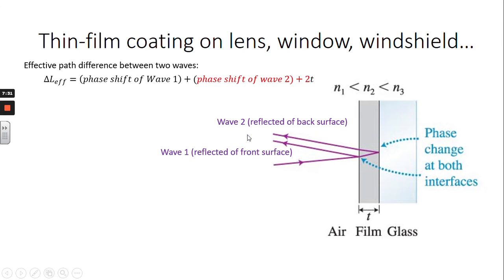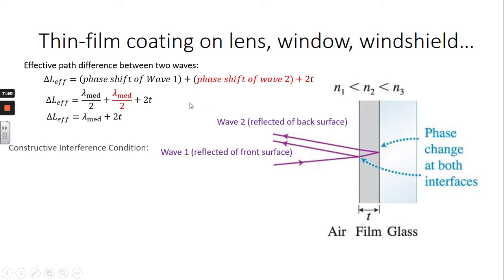Both have a phase change. So our effective path length is the phase shift of wave 1 plus the phase shift of wave 2 plus twice the thickness, which overall the equation looks like this. Add the 2 halves of the wavelength in the medium and you end up with a whole wavelength. The math is otherwise the same.